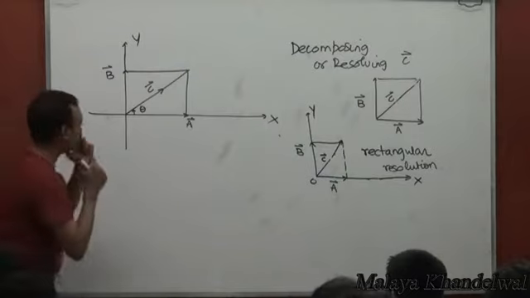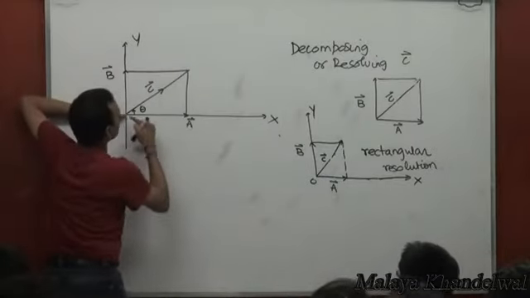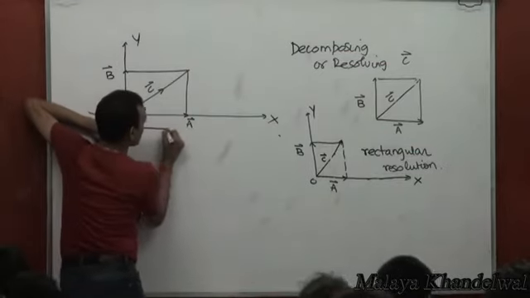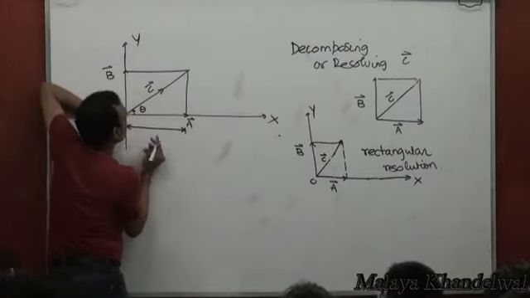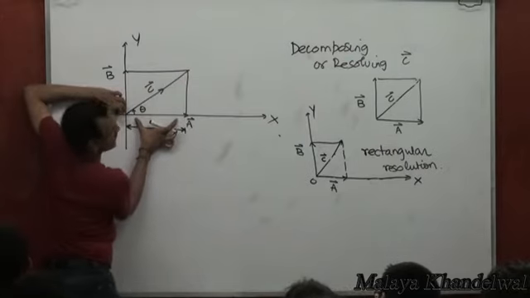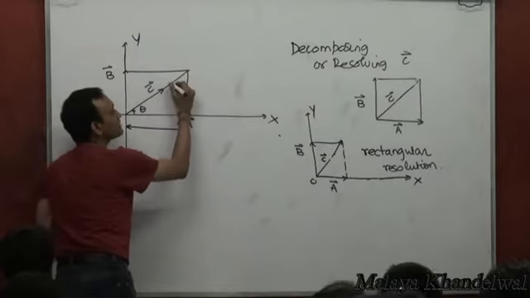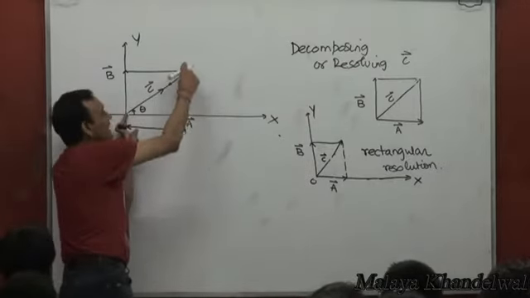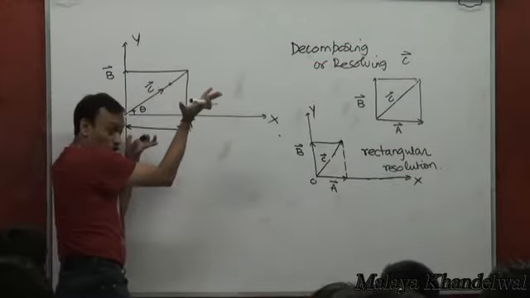So then C would be the resultant of this and this. If this length was mod C, this length is mod C cos theta. Do you realize that? Why mod C? This length is mod C, yes or no? So this length by this length is cos theta. So this length must be mod C cos theta.